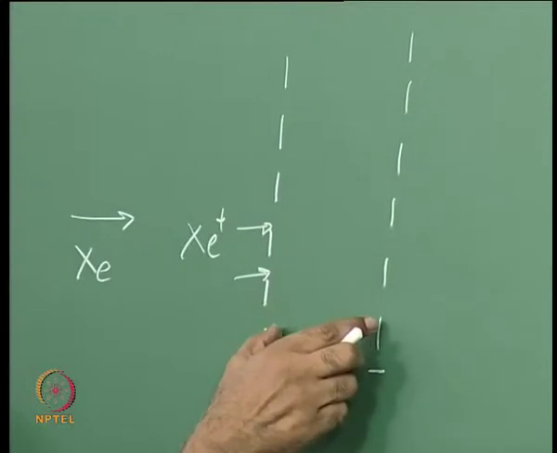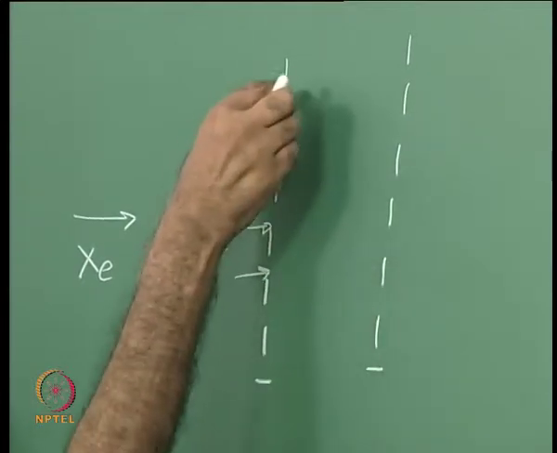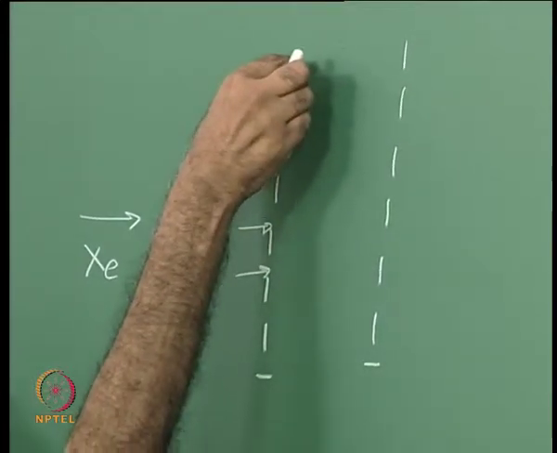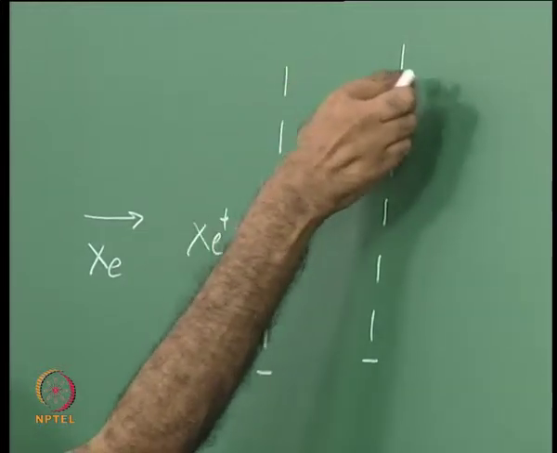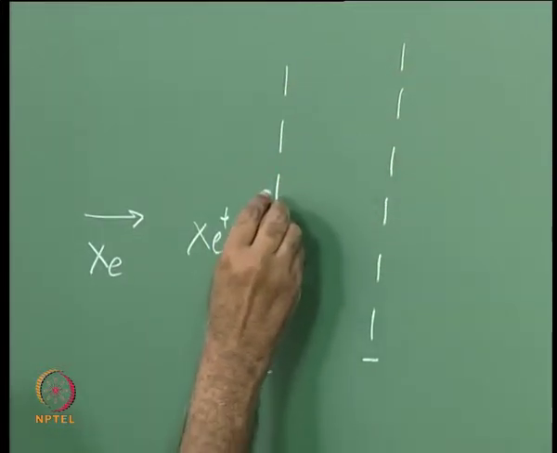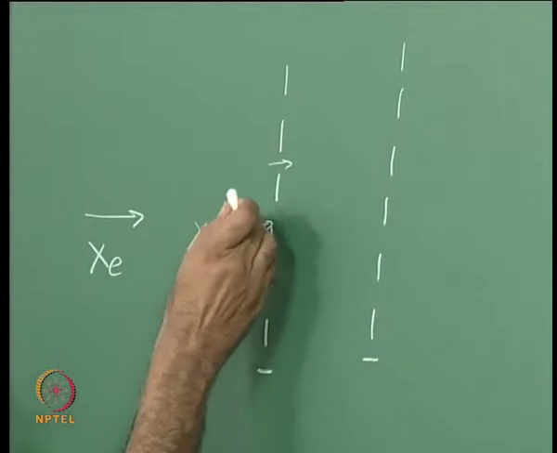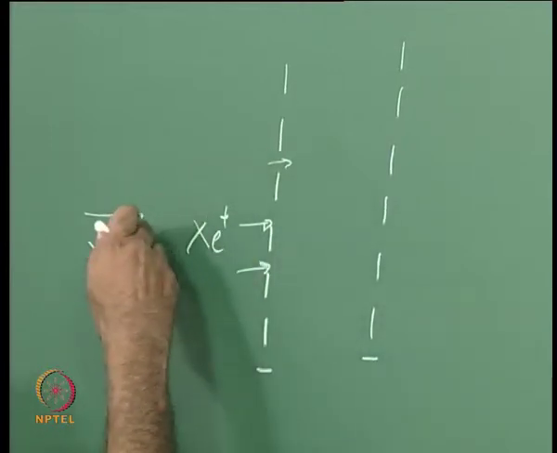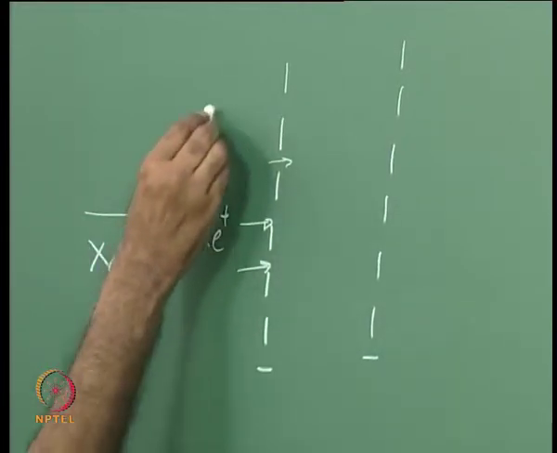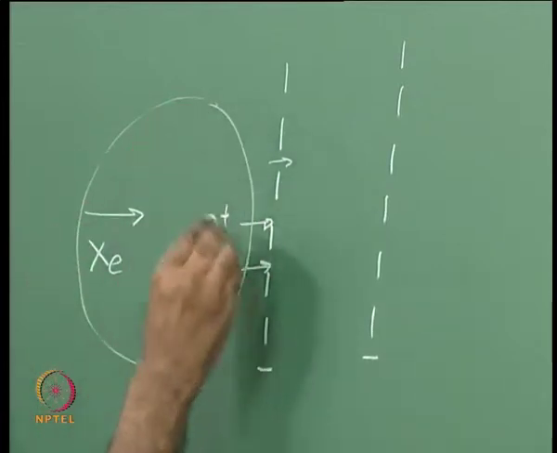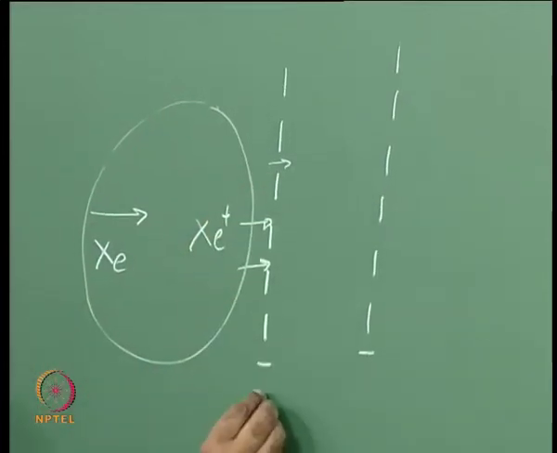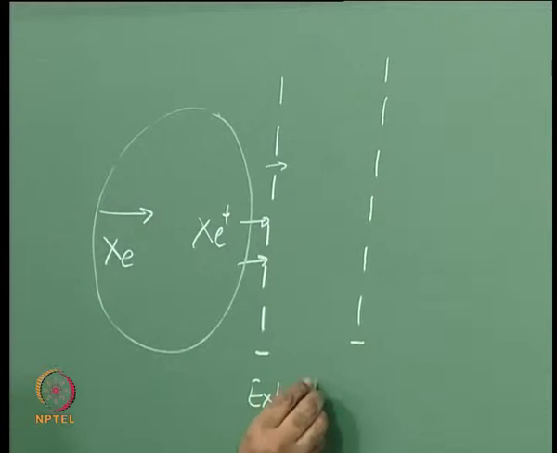That means I have a voltage difference between these two. This is less negative than this, that means it is positive compared to this, and therefore whatever xenon ion is being attracted by this from this source, because I am generating the xenon ions here, I want it to extract, therefore I call it an extractor grid.